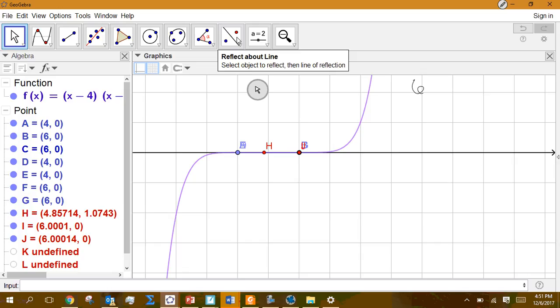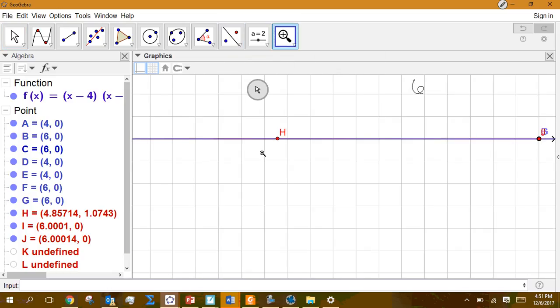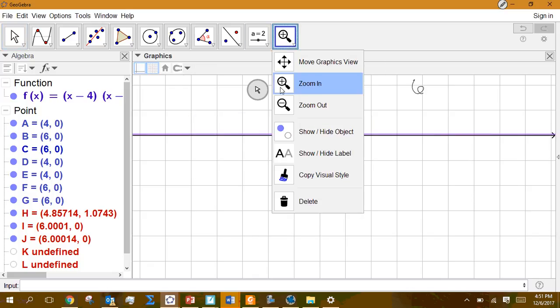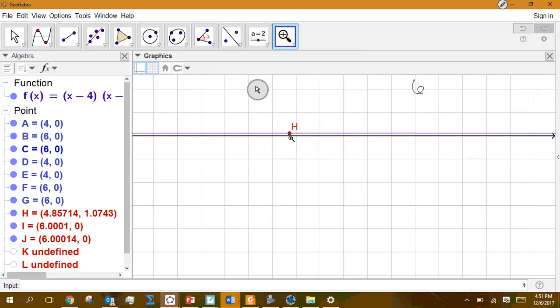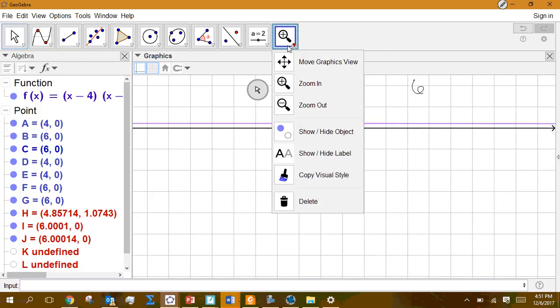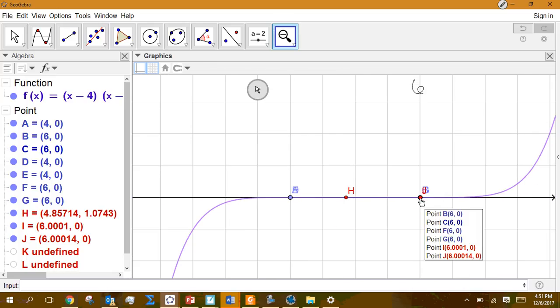Again, we're zoomed out real far, so let's zoom in. Zooming in, that gives us H to be a turning point, and we'll get the same thing over here for that point to be a turning point.